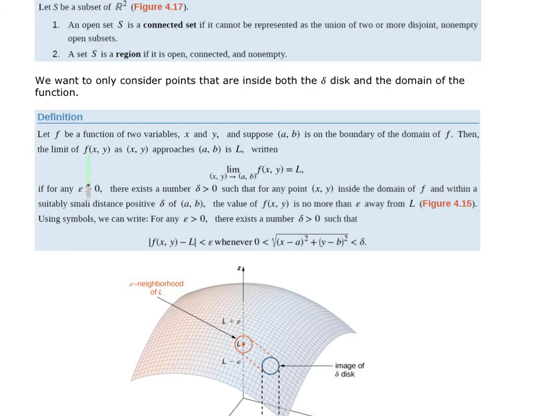Then the limit of f(x,y) as (x,y) approaches (a,b) is L, and this is how we write it. For every epsilon greater than 0, there must be a number delta greater than 0 such that any point (x,y) inside the domain of f and within a suitably small distance delta of (a,b), the value f(x,y) is no more than epsilon away from L. Using these symbols, we get this.